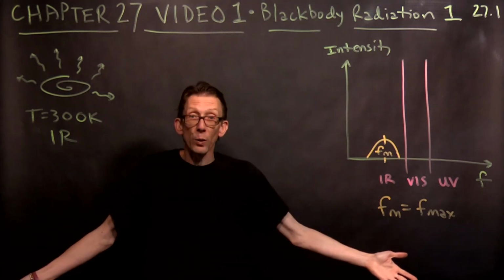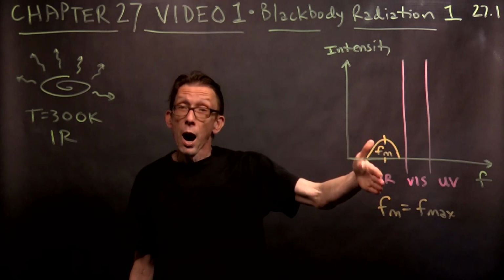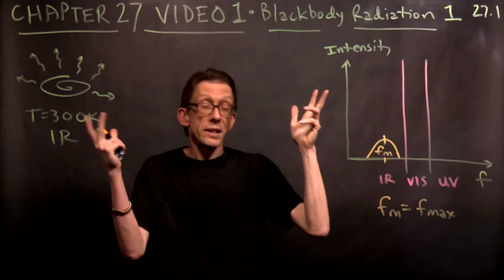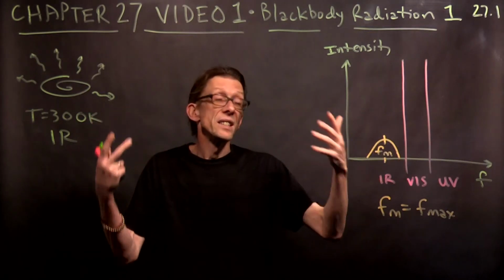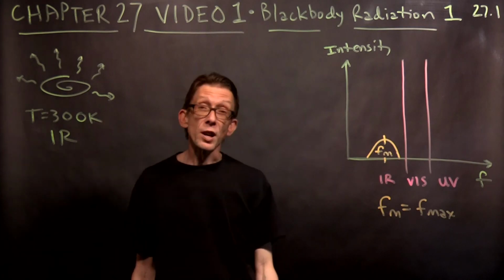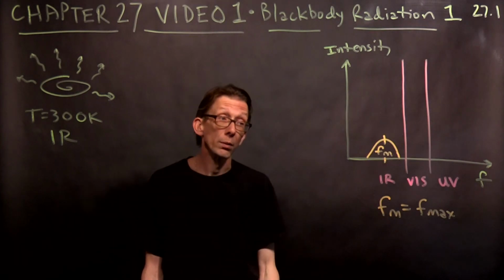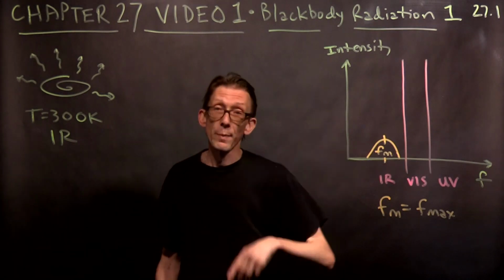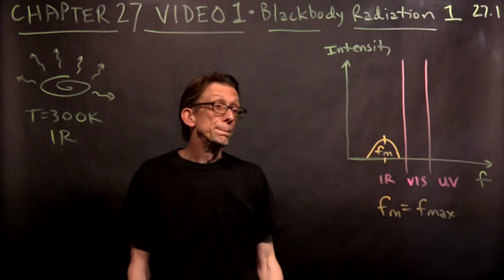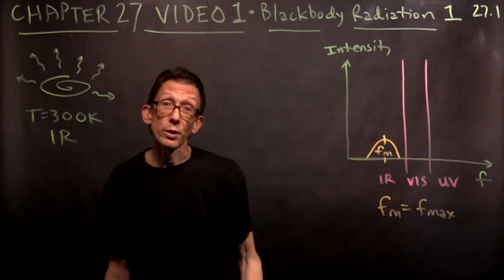It has a range of frequencies. But there's one frequency that is the most common, at which it is the brightest and has the most intensity, and that is f max, at the top of the peak. I just called it f sub m so it would fit in the picture. The book calls it f max. That's what it's really called.